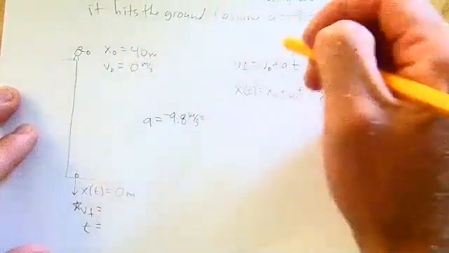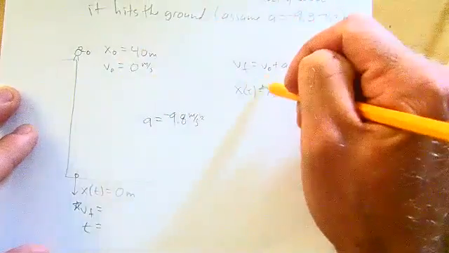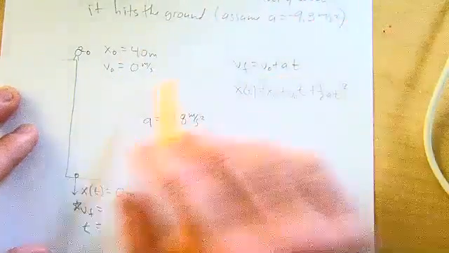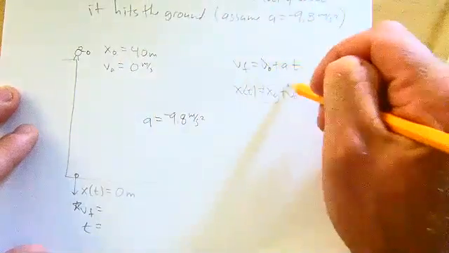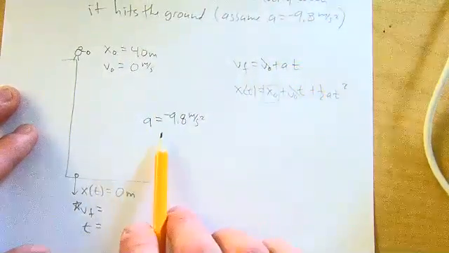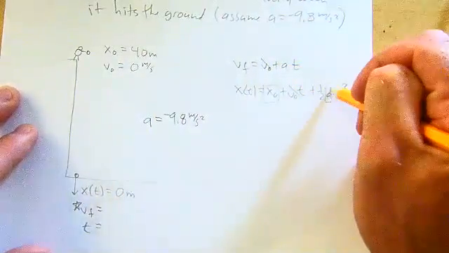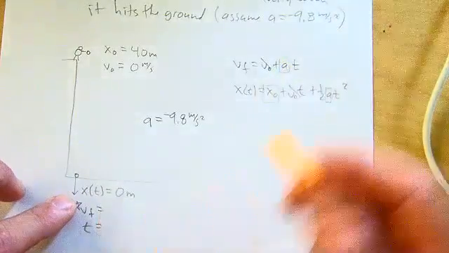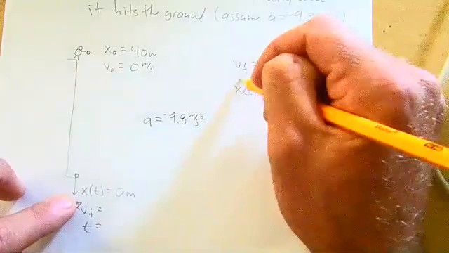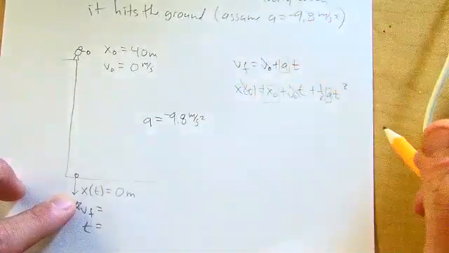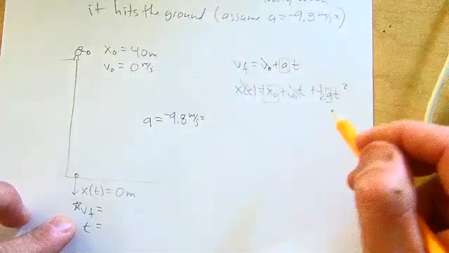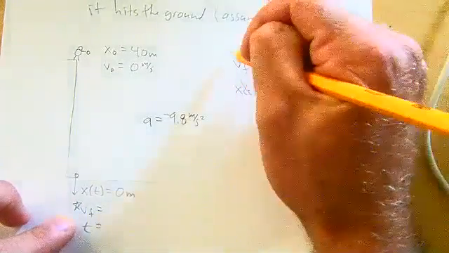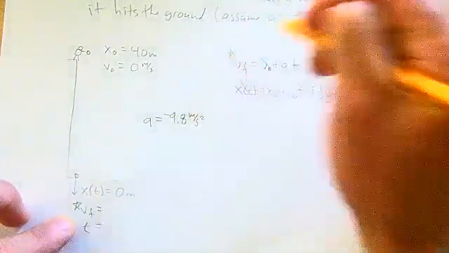But x0, I'm going to circle that, or put a box on it. V0 is 0, so I actually can just cross those ones off. A, I know that, put a box on it, here and here. X of t is just 0, and that's going to be a 0 right there. And the thing we're looking for is Vf, so I can star that.